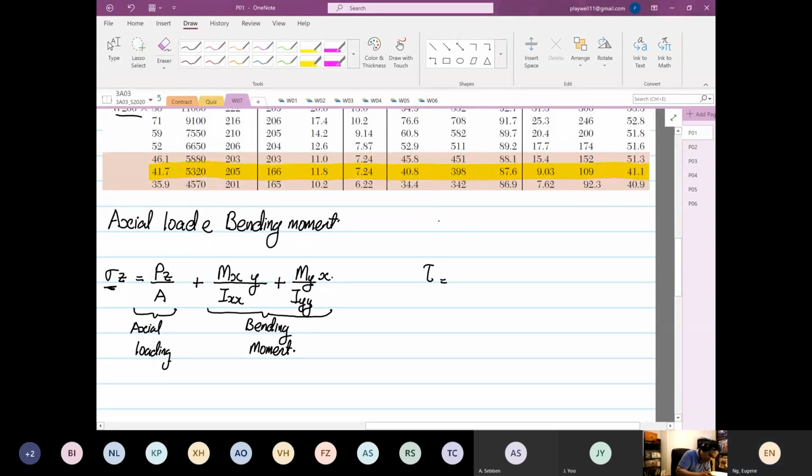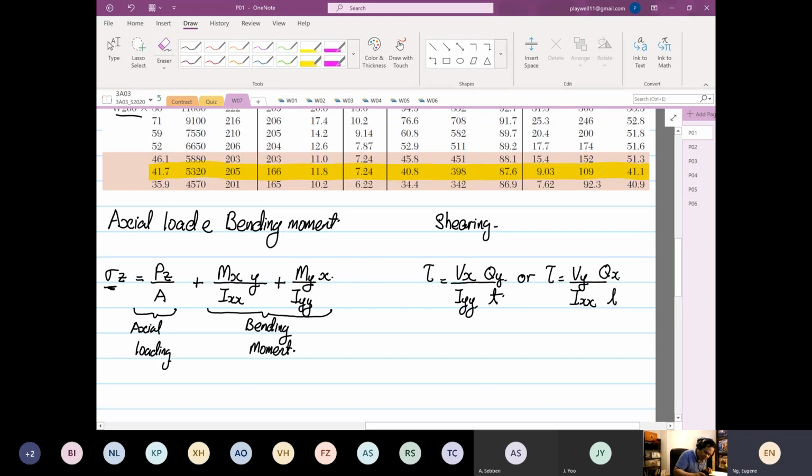So shearing will be: you have shear in the X direction, Vx over Iyy multiplied by Qy divided by t, or your shear can be Vy over Ixx, first moment of area about the x-axis, multiplied by t. So you have to be really cautious down here.